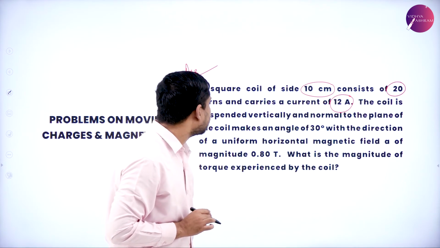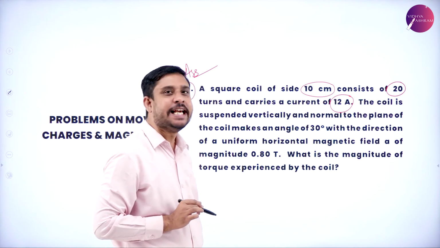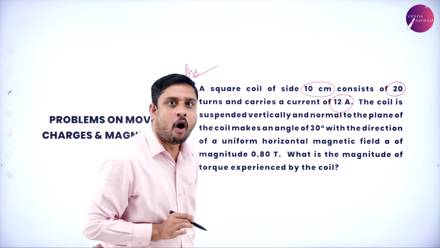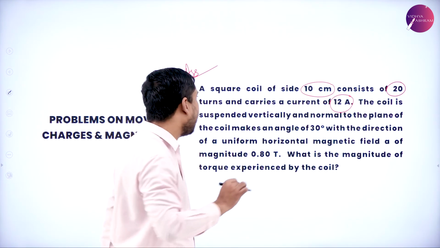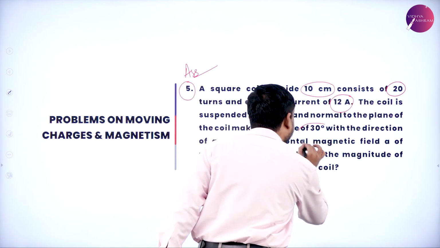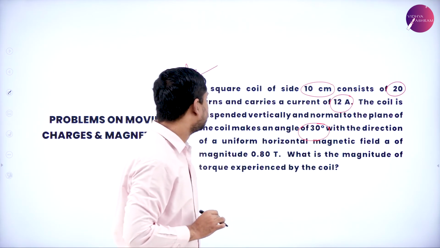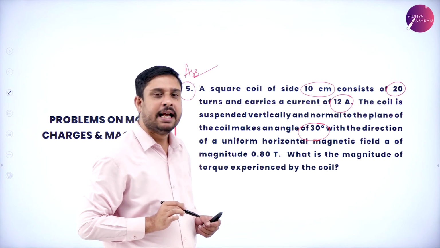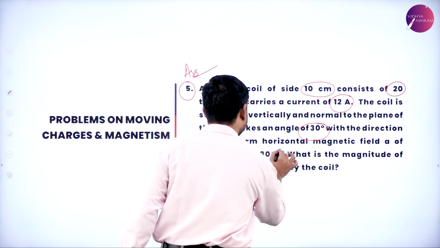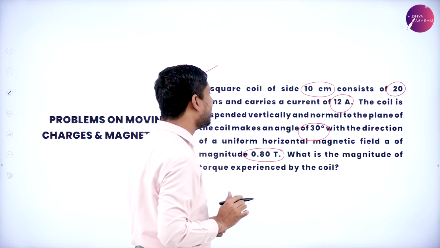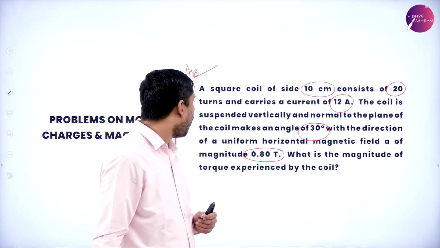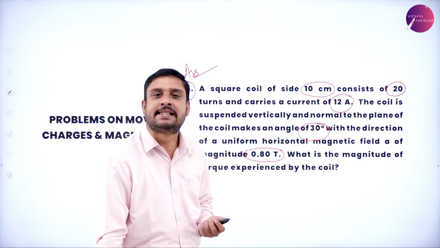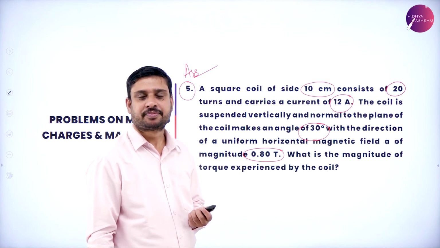The coil is suspended vertically and the normal to the plane makes an angle of 30 degrees with the direction of the field, and the field strength is 0.8 Tesla. What is the torque experienced by the coil?